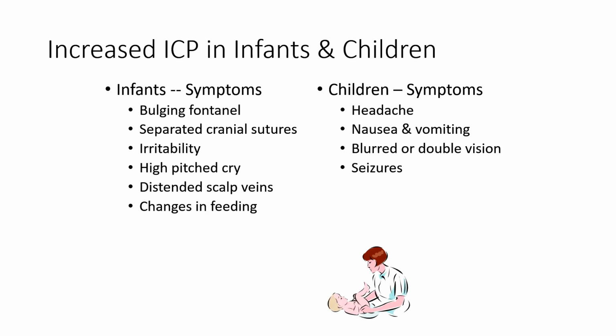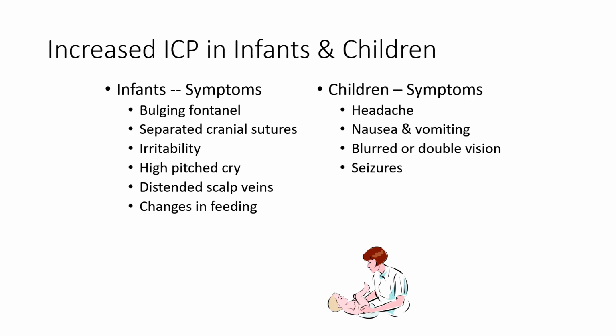Infants whose fontanelles and sutures are still open have a little bit of space in their rigid box to expand. So you would be alert to bulging fontanelles or separated sutures. They become very irritable, have sort of a high-pitched cry.